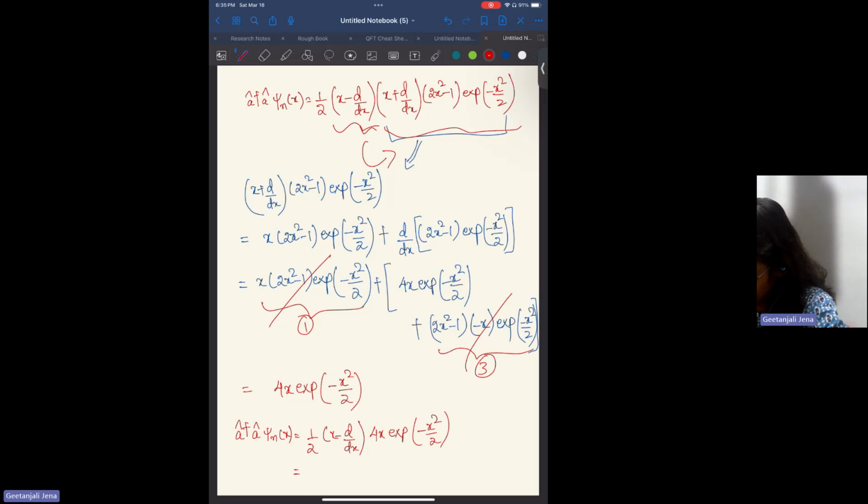So that means it will be 2, the 4, 2, and this one will be x square exponential minus x square by 2 minus d by dx of x exponential minus x square by 2.